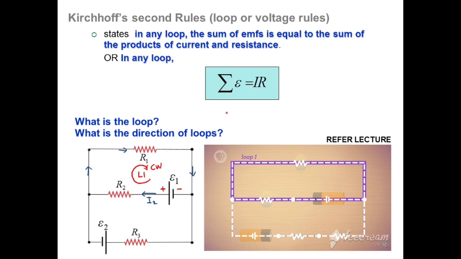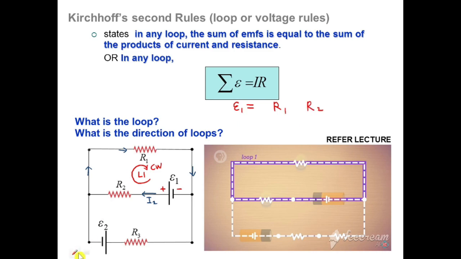In this loop, we have one EMF. We total the EMF in this loop, which is EMF 1 only. So we equate it to the total product of current and resistance. In this loop, we have R1 and R2.